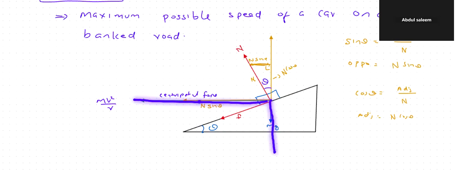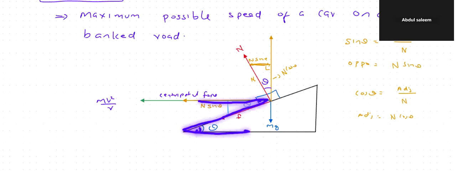One is downward along the y-axis and the other along the x-axis. So in the same way we can find a right angle triangle here. This angle is theta only because it is a pair of alternate angles, the Z pattern, right? So if this angle is theta, this one is also theta.